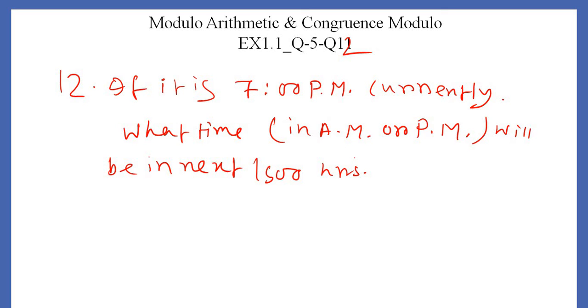Okay, if it is 7 p.m. currently, what time in AM or PM will it be in the next 1500 hours?